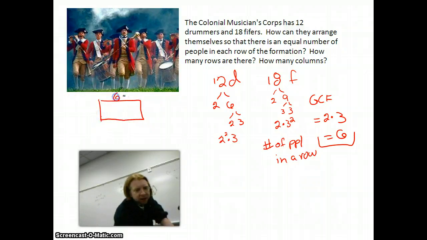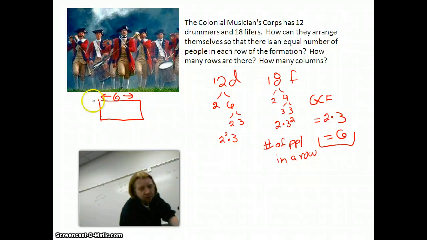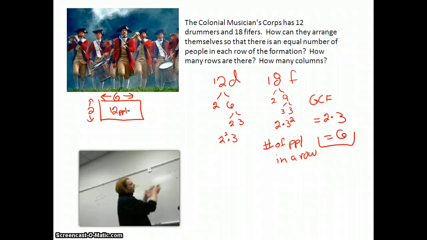There are going to be 6 guys this way. So how deep is that? There are 6 drummers wide. Too deep, because there's 12 total guys, right? So I have 2 rows of drummers, total of 12 guys, 6 wide, 2 deep.